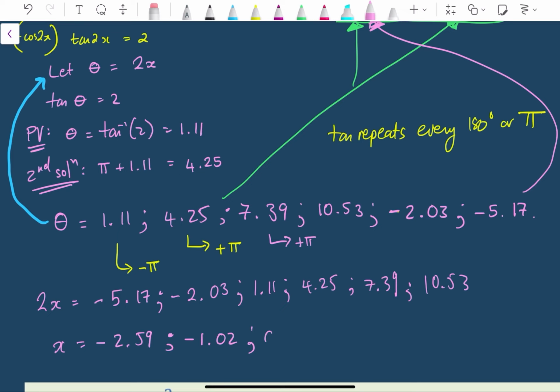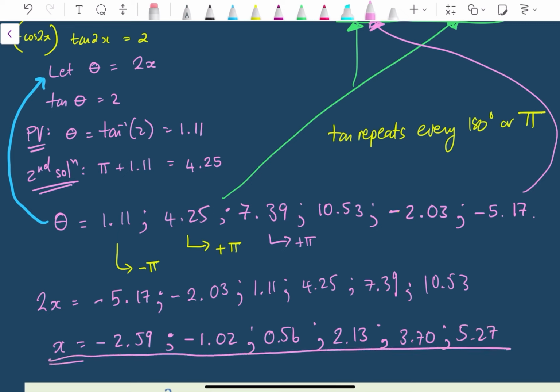And that's 0.56. That is 2.13. 7.39 divided by 2 is 3.70. So that's 5.27. And there are all my solutions to 3SF.